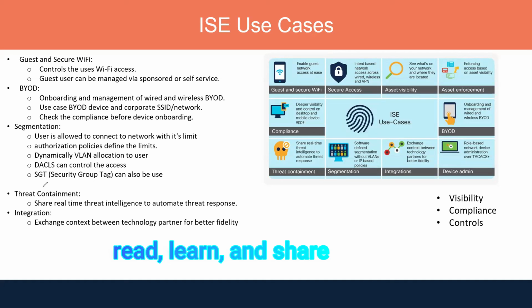ISE has a kind of authentication which can use COA, change of authority. You are going to assign ISE as the change of authority for that particular switch. So once ISE identifies that this user is connecting to XYZ port, based on that it is going to change the dynamic VLAN for that particular port itself.